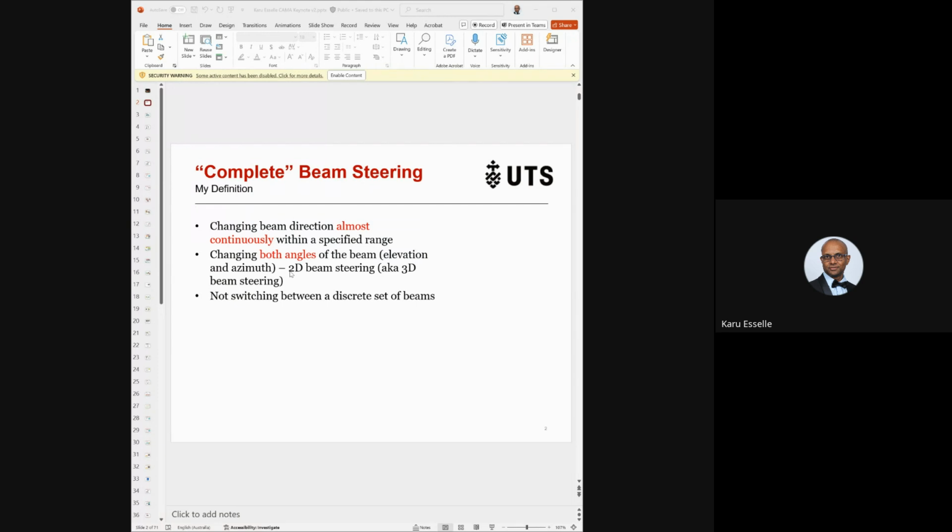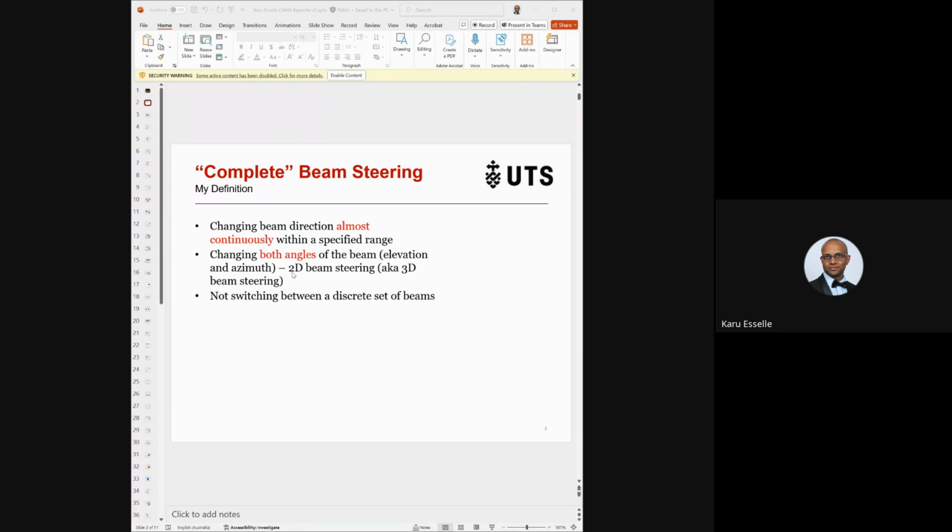So change in two variables of the beam direction, so-called 2D beam steering. And some people call it 3D beam steering, so the beam moves in 3D space. But I think 2D beam steering is the right word mathematically because you are changing two variables, not switching between a discrete set of beams.